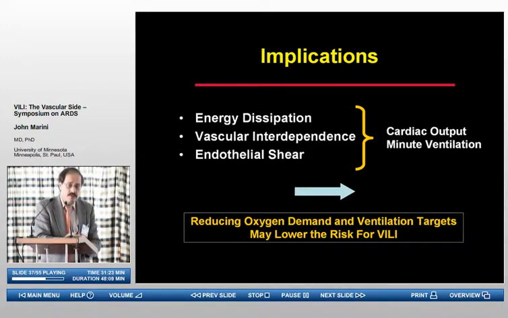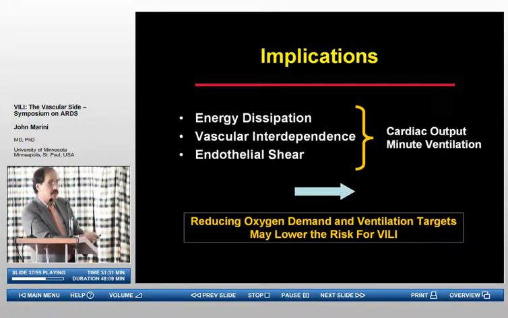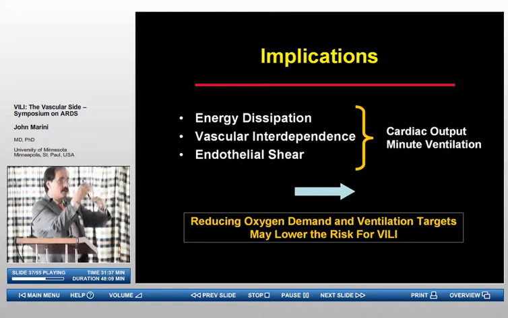The implications of this work are, again, for us at least, interesting to think about. You dissipate energy across the alveolus when you create a pressure gradient across the alveolus. So there's more energy delivery to the alveolar level, and endothelial shearing forces also increase.